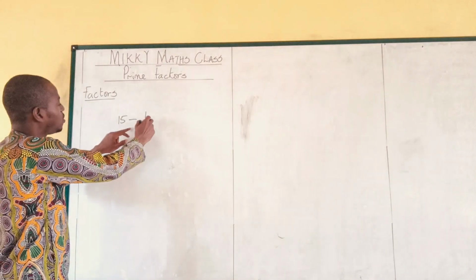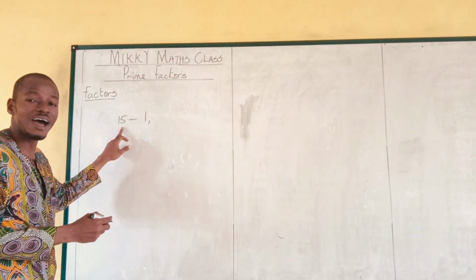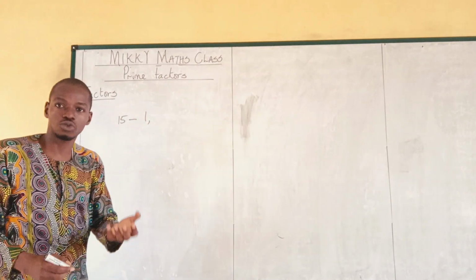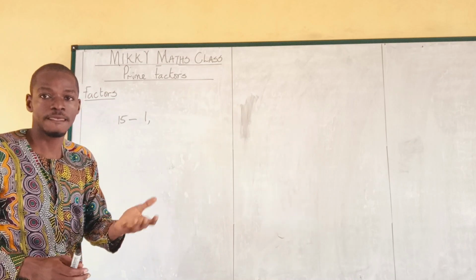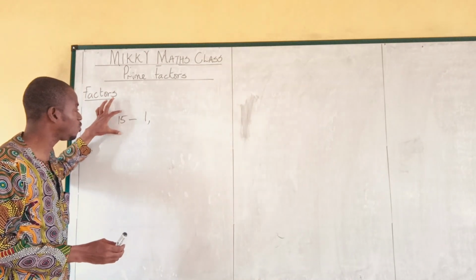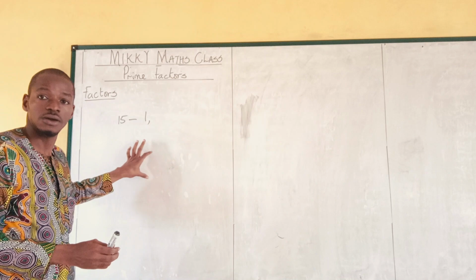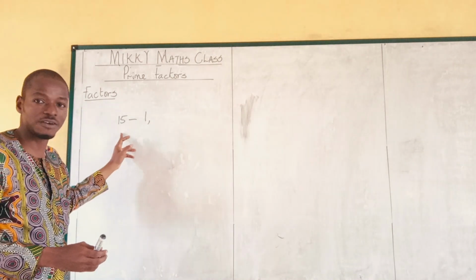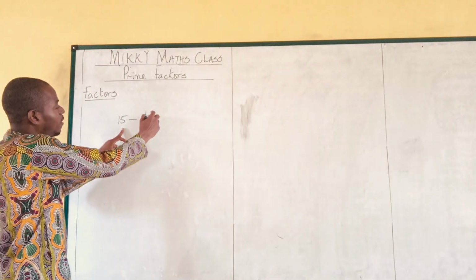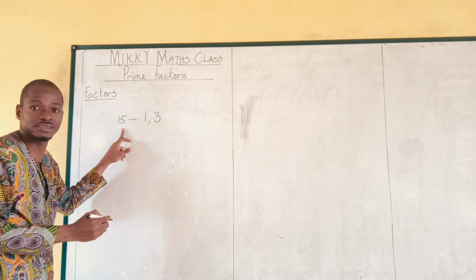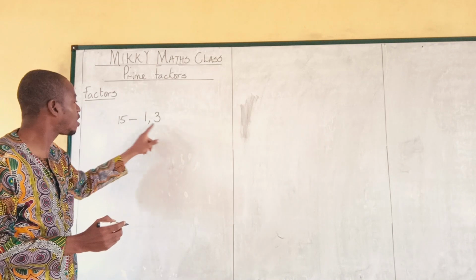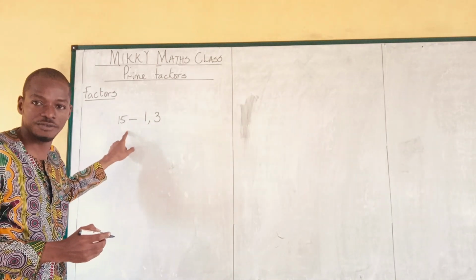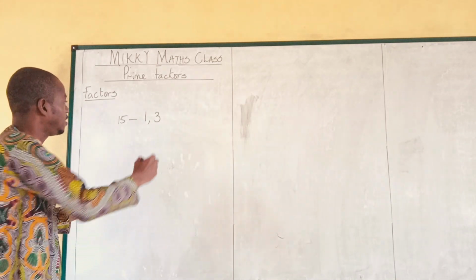Now, the next one, 2 cannot divide 15. Therefore, 2 is not a factor of 15. 2 will divide 15 to give me 7, remainder 1. So there is a remainder, so 2 is not a factor of 15. The next factor of 15 we have is 3, because 3 can cut exactly into 15 to give me 5.